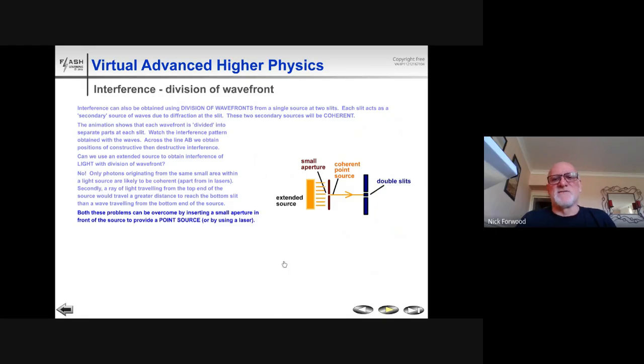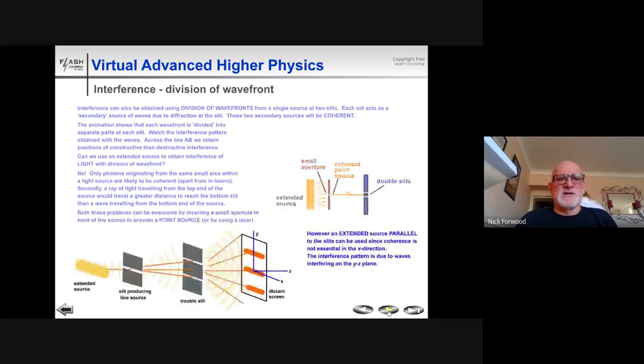You can get the information about extended sources and single sources and coherent light, and you can step through all of these and you get to see stuff which I hope is going to be useful for you, either to add to Mr. Mackenzie's videos, or probably more often now to mine, as we've done today. But I thought that would be useful for you.